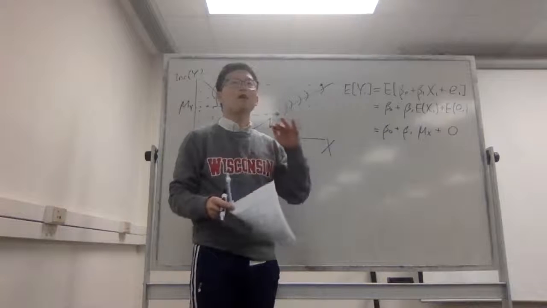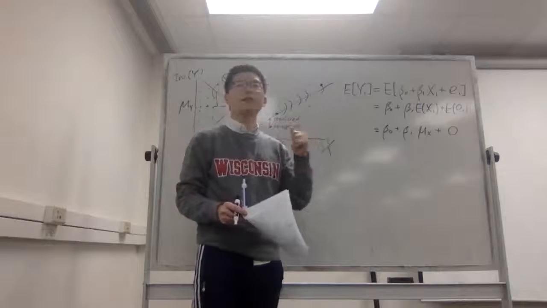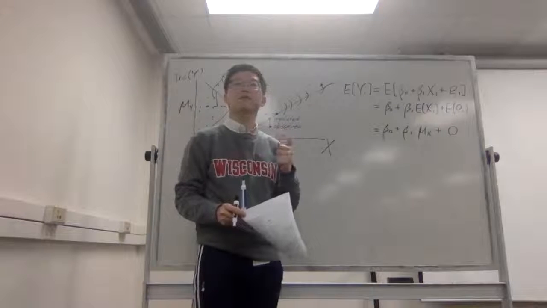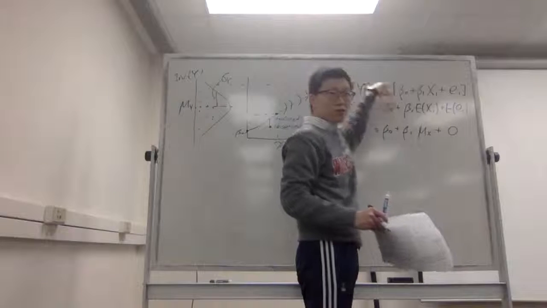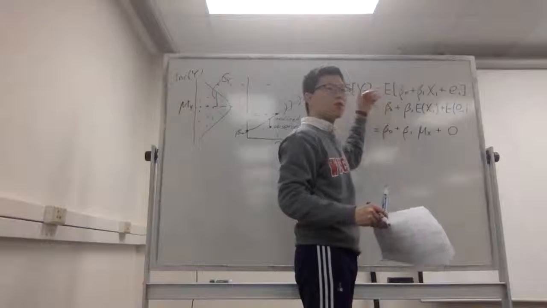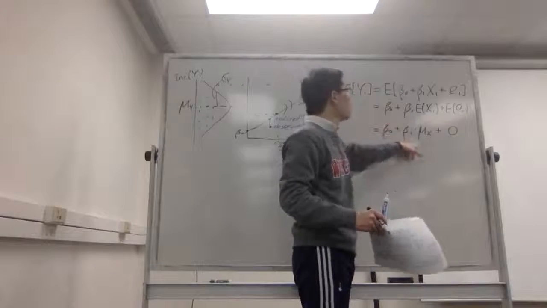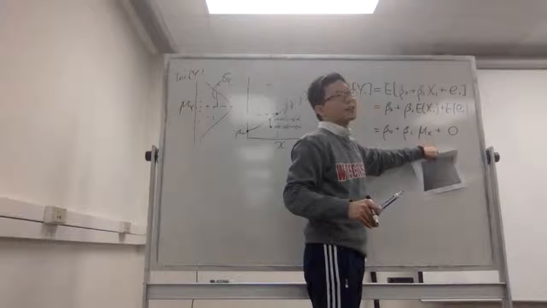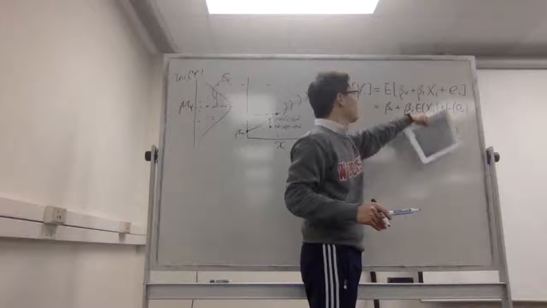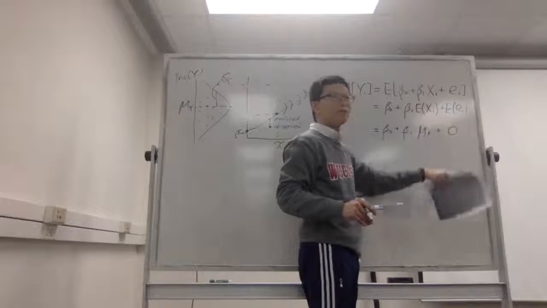Am I making any sense so far? Okay, good. Did you understand the transitions right here? What is MX? Oh, mu x. Sorry, this is the mean of the x variable, because this is the expected value of x.